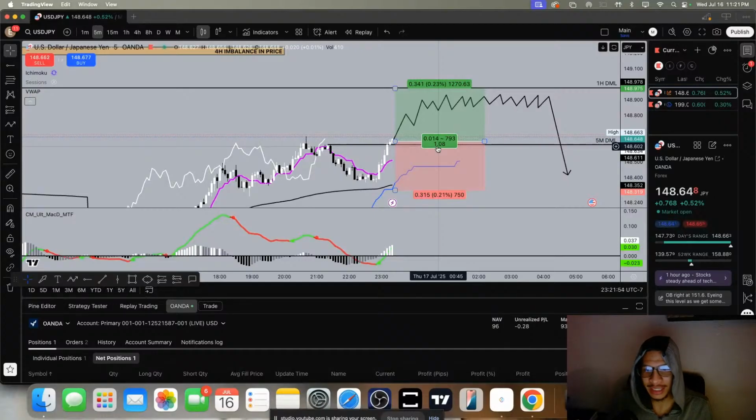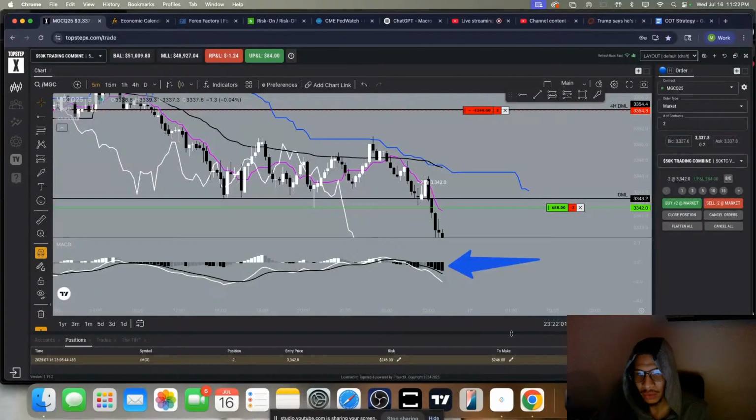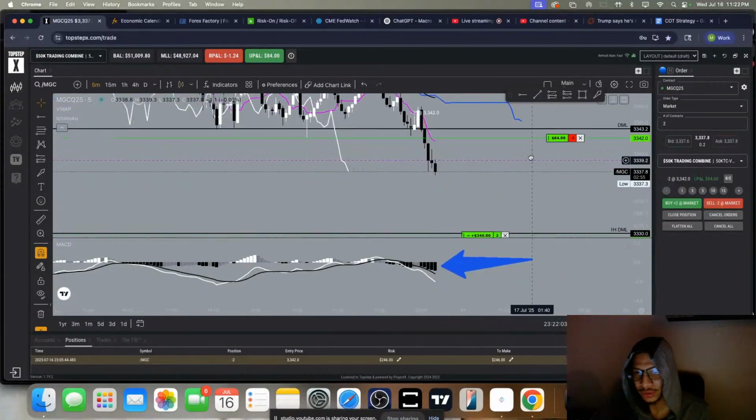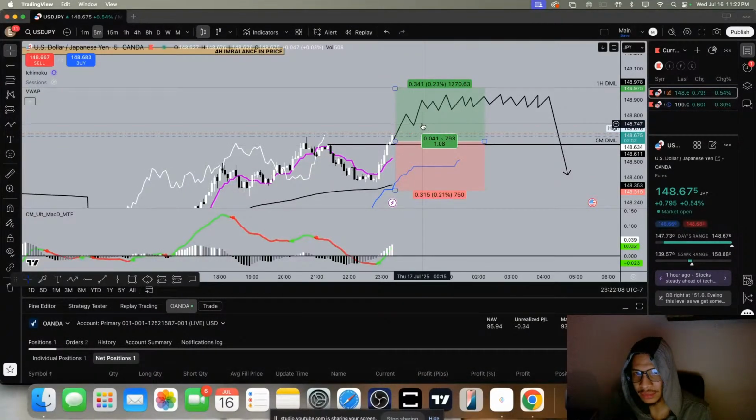That's where the capital comes into play for me. I am okay with taking a 1-to-1 when that reward is $200 versus a 1-to-1 when that reward is $3. Not that $3, because I just said a second ago, like 3% a day. That's about $3 with my account size.